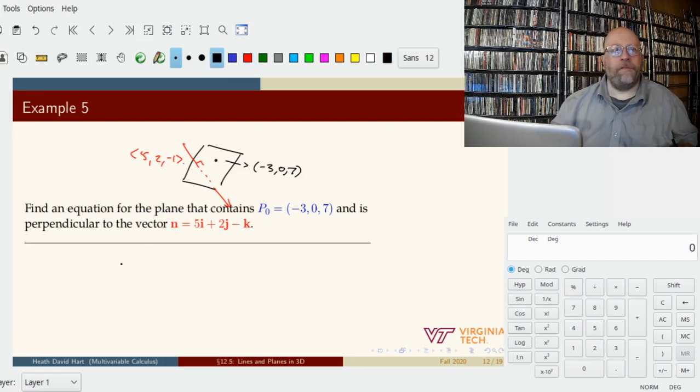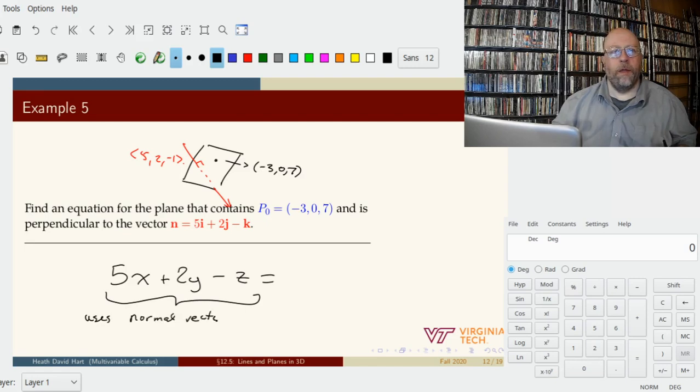So the left side of the equation is 5x plus 2y minus z. The left side of the equation uses the normal vector. And again, the normal vector is the perpendicular vector to the plane, or the orthogonal vector to the plane.